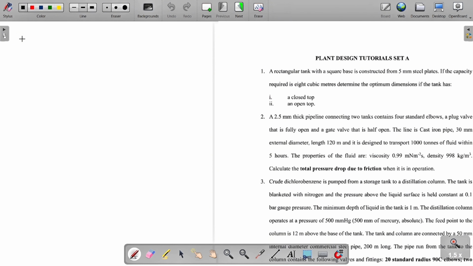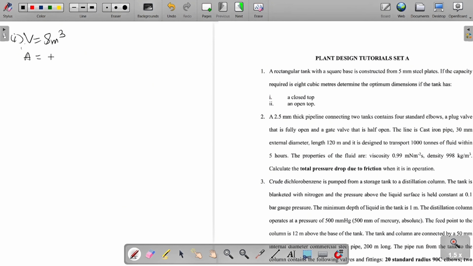The constraint here is the volume, which is 8 cubic meters. Then we can find the area of a rectangular tank which has a square base. Doing the closed top first, the area of the square base will be L times L, which gives L squared.